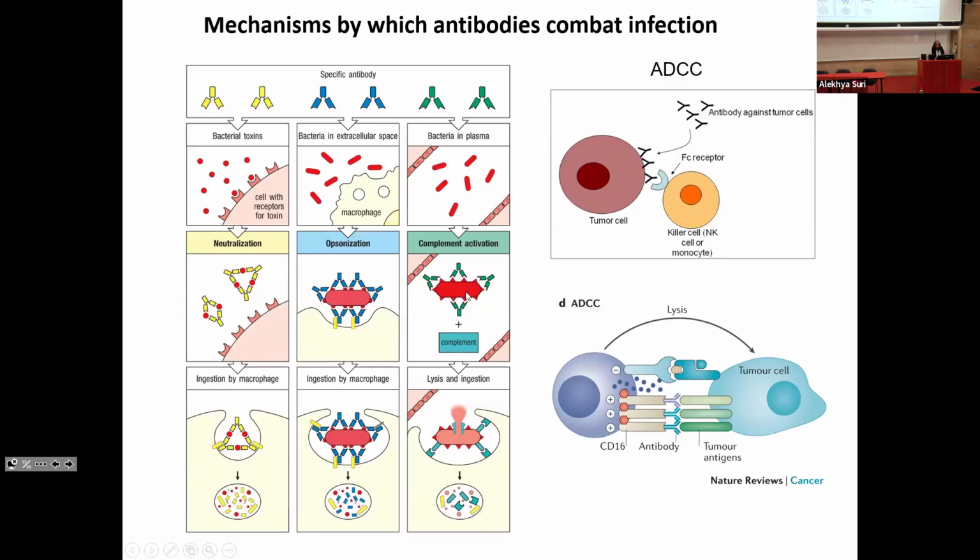The antibody binds to this bacteria with the complement, and then it can be phagocytosed through the complement receptor. So the antibodies have recognized the bacteria through the antigen present on the bacteria, but having the complement deposited on the bacteria now makes this complex more palatable to the macrophage. It can take it through the complement receptor.